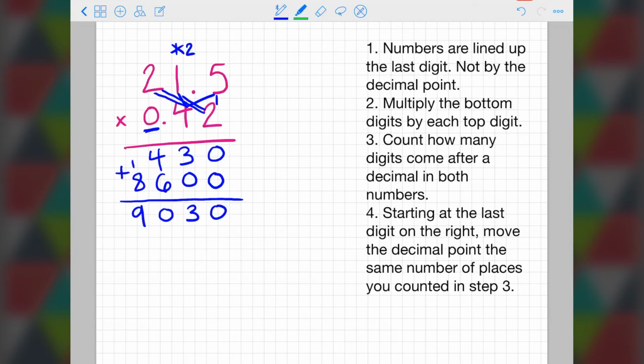Okay, now let's figure out how many places we need to move our decimal point. In our top number, 21 and 5/10, I have one digit after the decimal point. In my bottom number, 42 hundredths, I have 2 digits after the decimal point, and that makes 3 digits altogether.